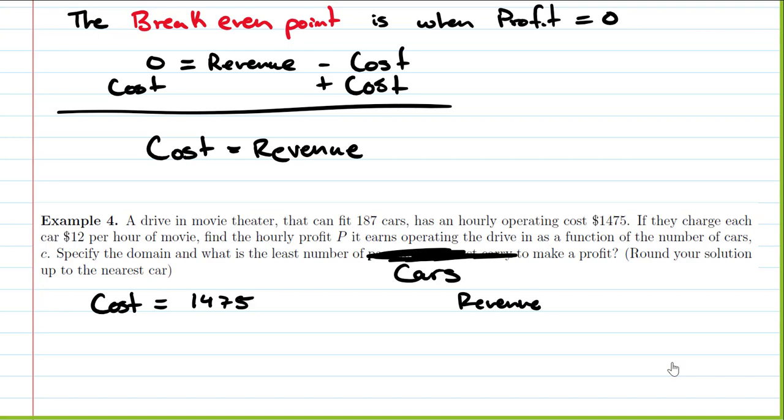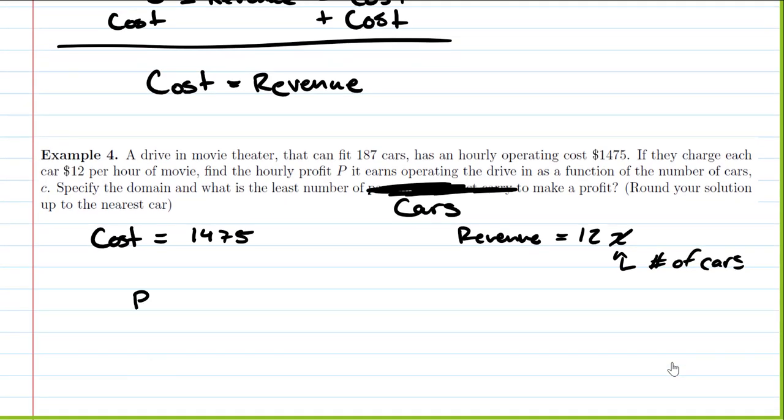So that's going to be a constant. And if they charge $12 per car per hour of movie, that one is going to be per car. We're going to have 12 times x, where x is the number of cars. So then our profit P is going to be our revenue minus our cost. So our revenue is 12x, take away our cost, which is $1,475.